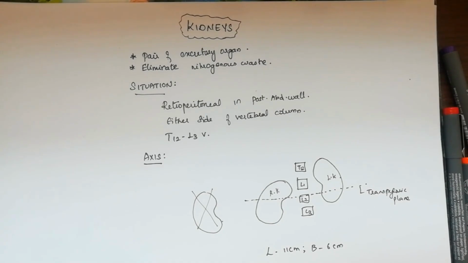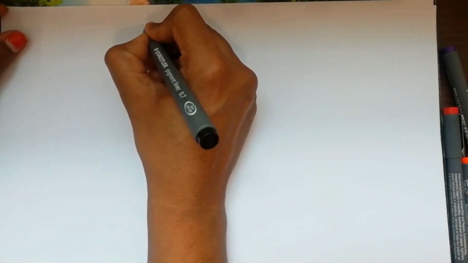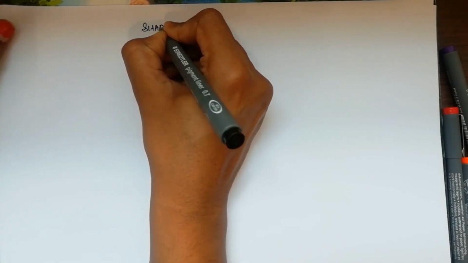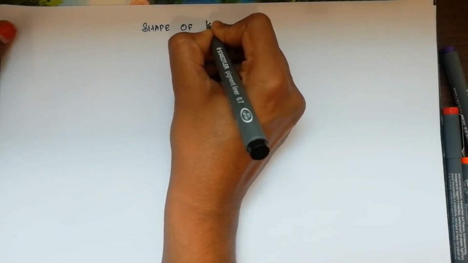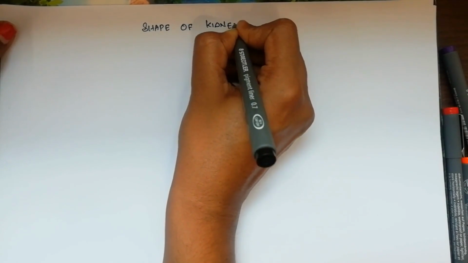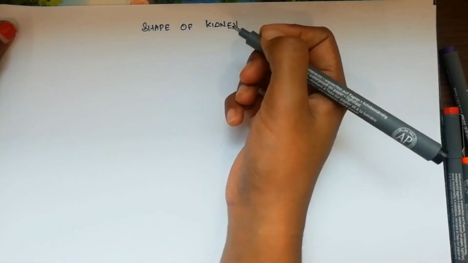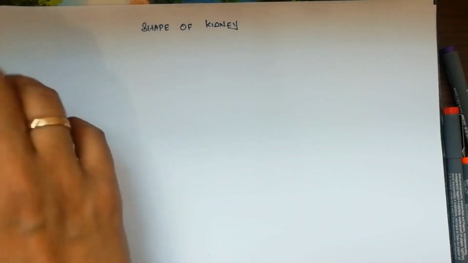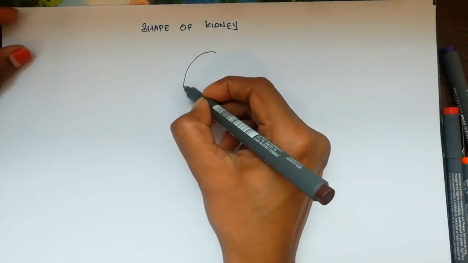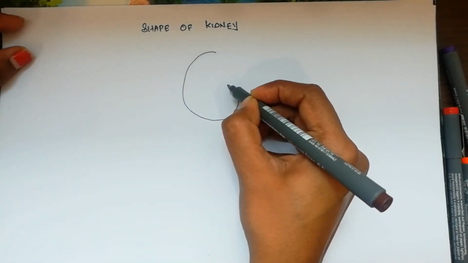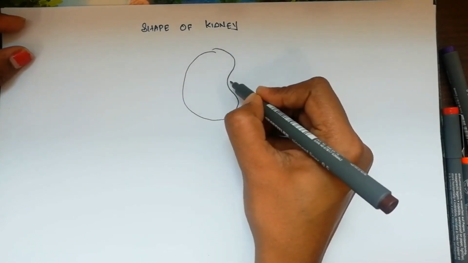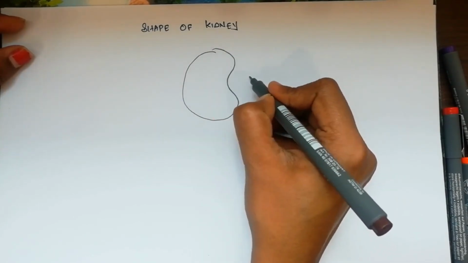Now we will move on to the major description of anatomical features. So first we will move on to the shape of the kidney. The kidney is bean shaped, as you already know, and bean shape in the sense it will be somewhat like this, and this is considered the concavity which is placed medially.